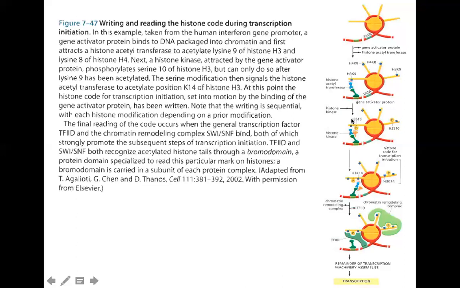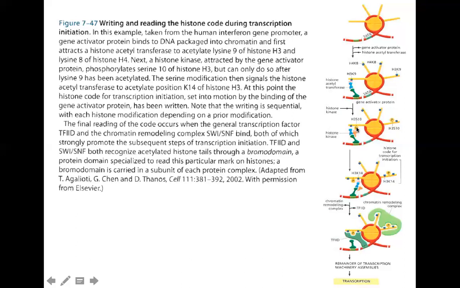Now this histone kinase is going to phosphorylate serine 10 on H3, on both sides. The ninth amino acid was lysine, which was acylated, and next to it, the 10th amino acid is serine. Now serine is phosphorylated.